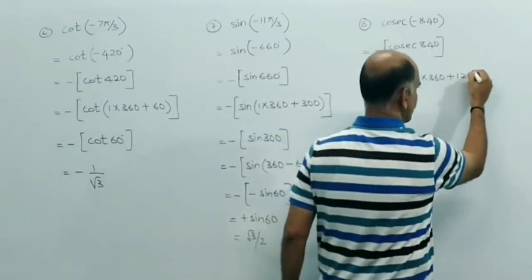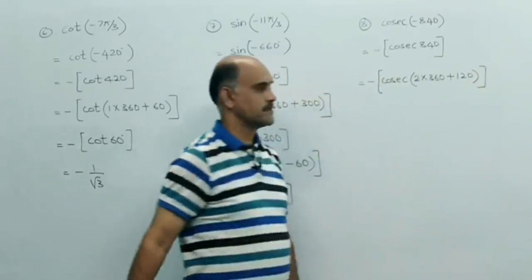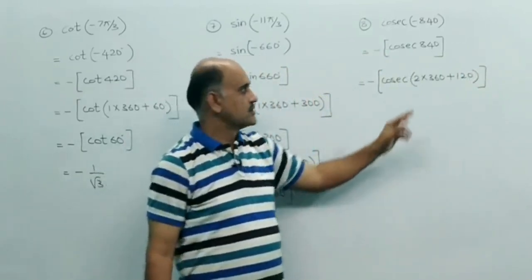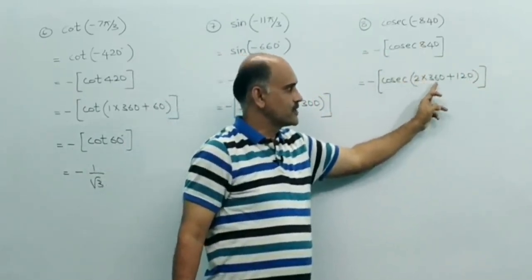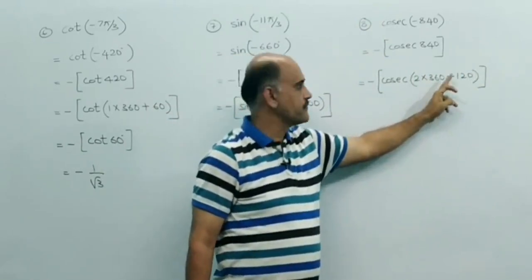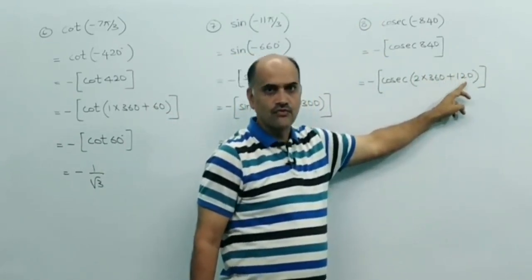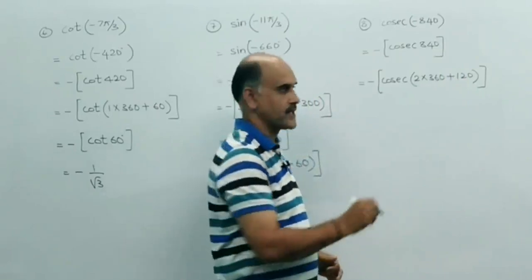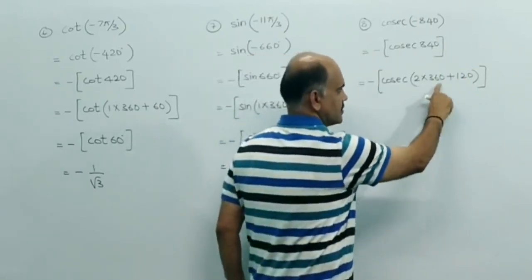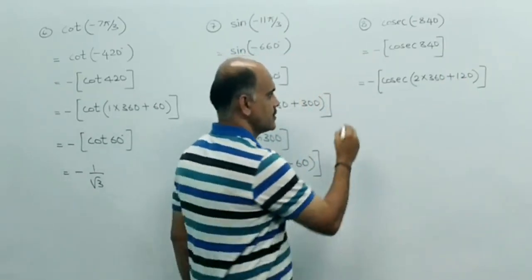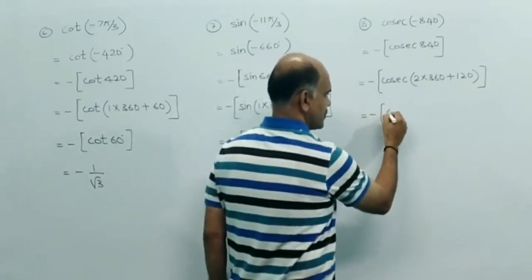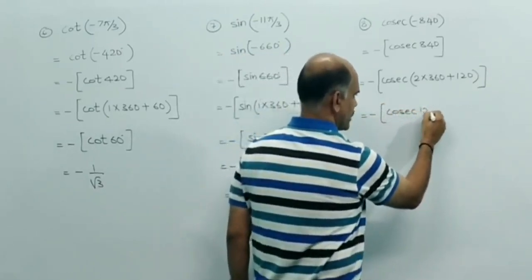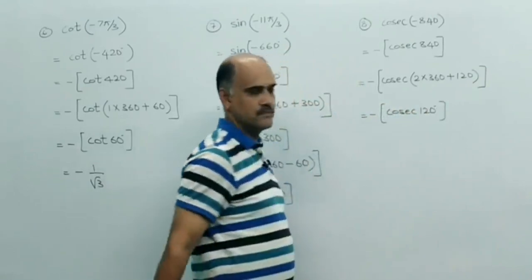So plus 120. So 840 I have written as 2 into 360, 720, plus 120, that is 840. Again you leave this term 2 into 360. So you will have minus cosec 120 degrees.